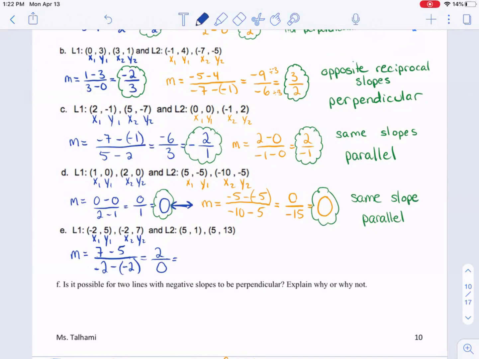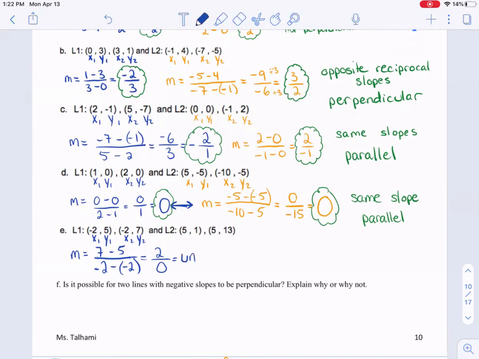Miss Murphy, when I put 2 divided by 0 in my calculator, I get an error. What does that mean? What did we call that when 0 was in the denominator? I'll give you a hint. It begins with UN. Maybe you could draw a bunch of dashes.